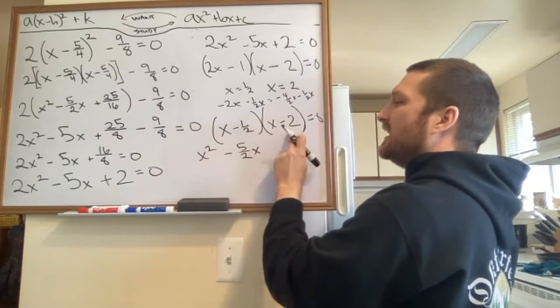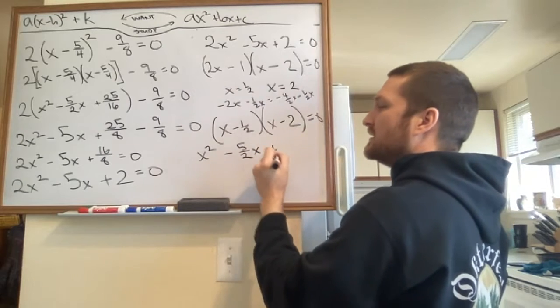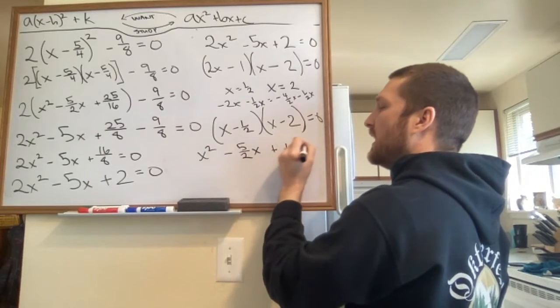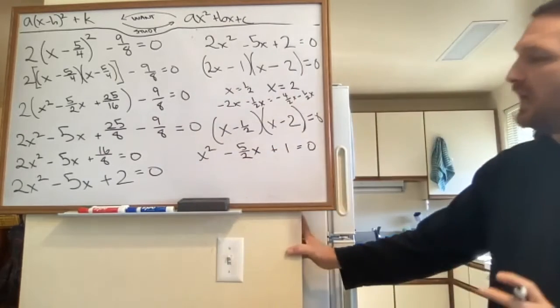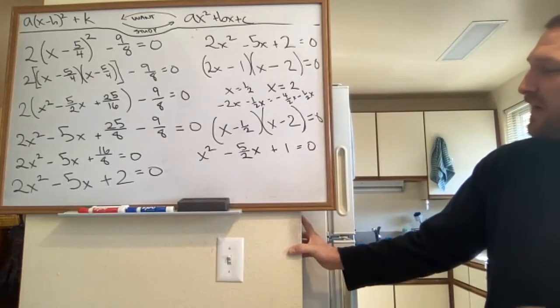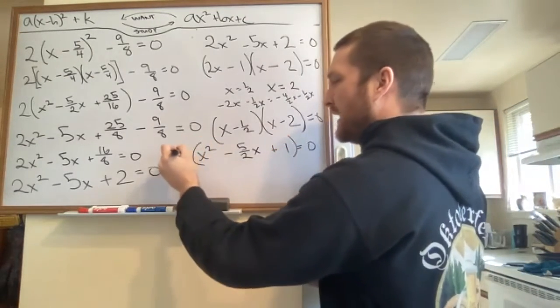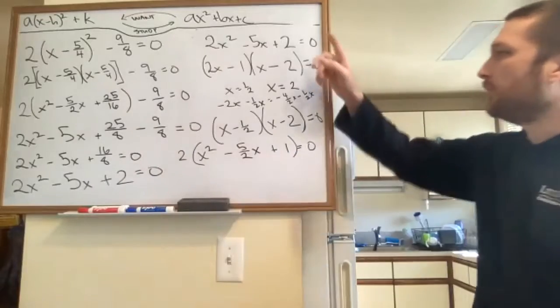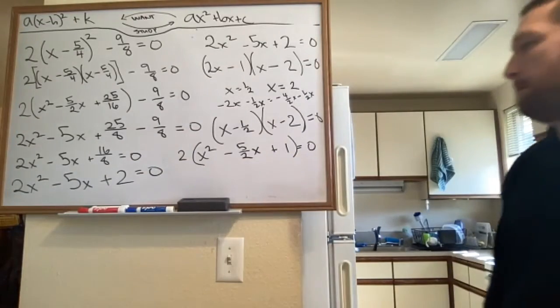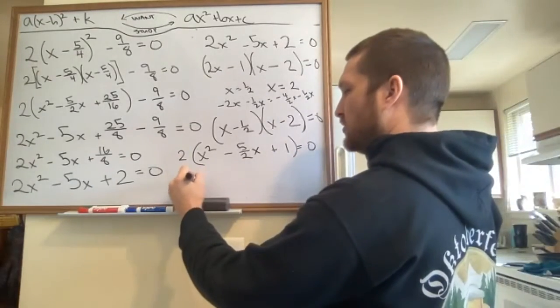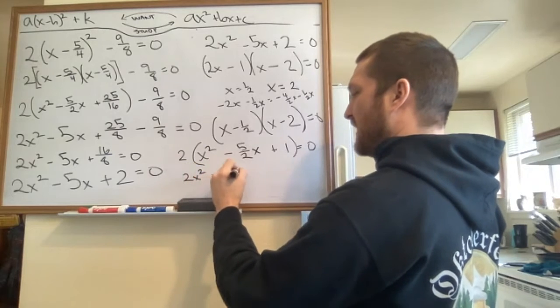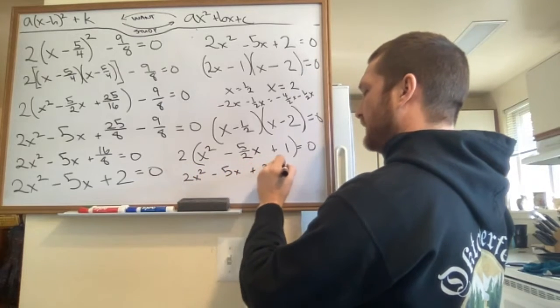A positive and a negative make a positive, 2.5 make a 1, and I get a 0. And you can see that if I take this guy and multiply him by 2, we end up with our original thing. We'll get 2x squared minus 5x plus 2.